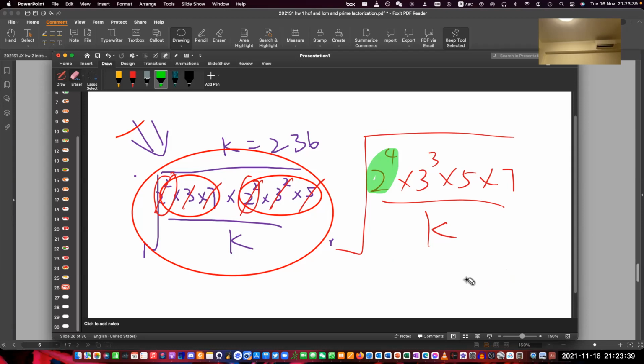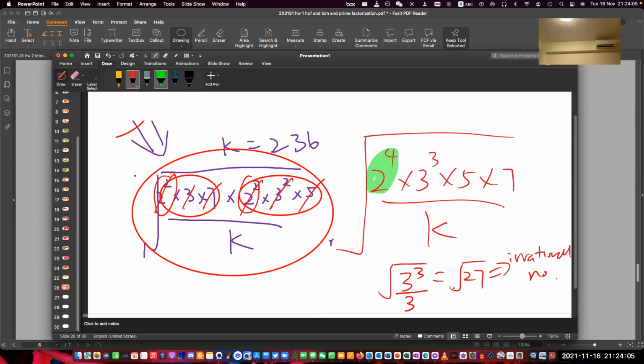Now, you ask yourself, can you square root 3 to the power of 3? The answer is no. You cannot square root 27 because if you square root 27, you are going to get an irrational number. So if you can't square root 27, you need to divide by a 3.